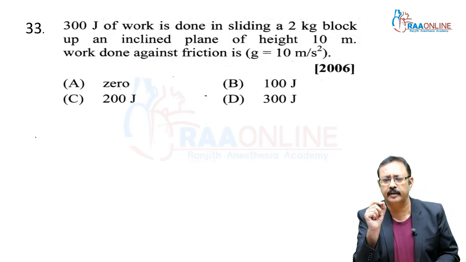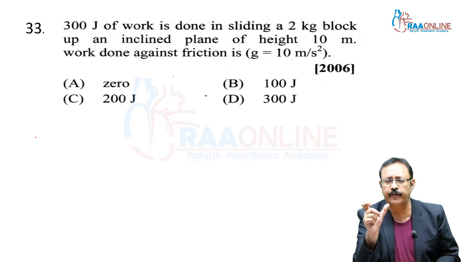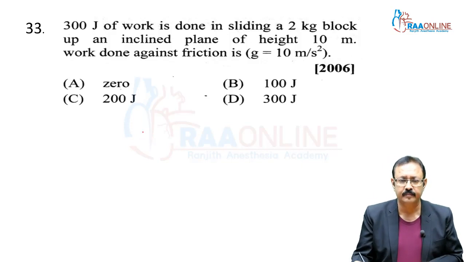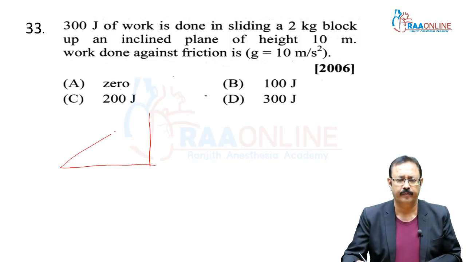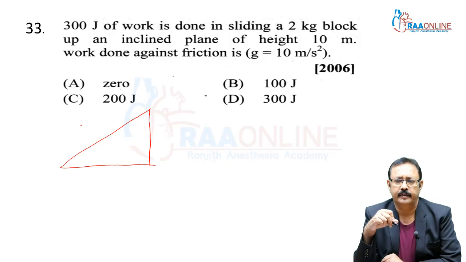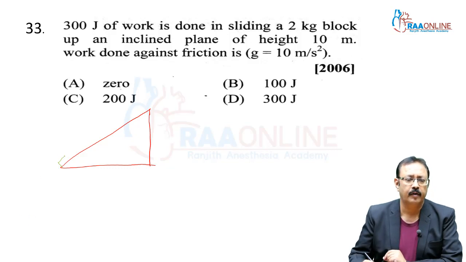33rd. 300 joule of work is done in sliding a 2 kg block up an inclined plane of height 10 meter. Work done against friction is given. What is given? You did 300 joule of work to take this block from this position to this position.